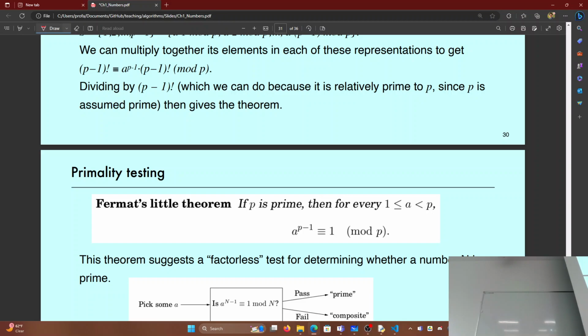So 4 to the 12th is congruent to 1. That also means that 4 to the 24th is congruent to 1, and 4 to the 36th. Right? So with problems like 2 and 3, the first thing you should check is whether the modular space is a prime number.